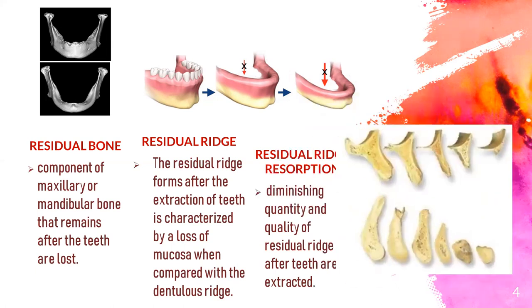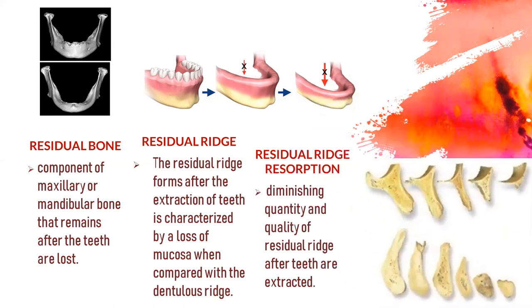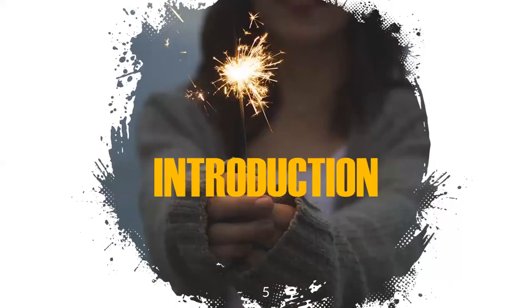Combining these two terminologies, residual ridge resorption is defined as the diminishing quantity and quality of residual ridge after the teeth are extracted. I hope these three terminologies are not confusing for all of you. Moving further, let's see what exactly residual ridge resorption is.